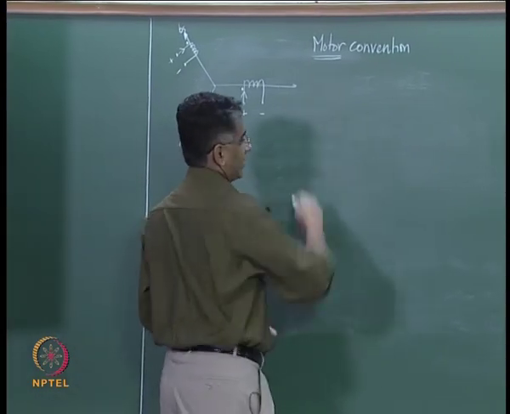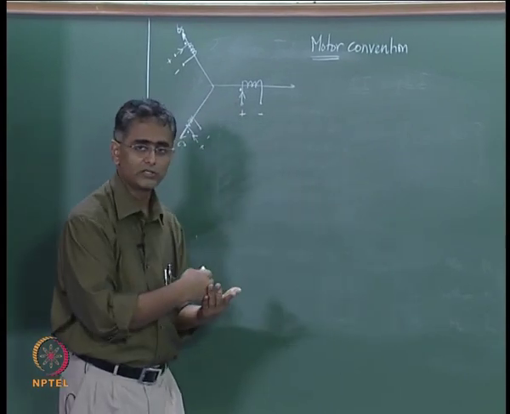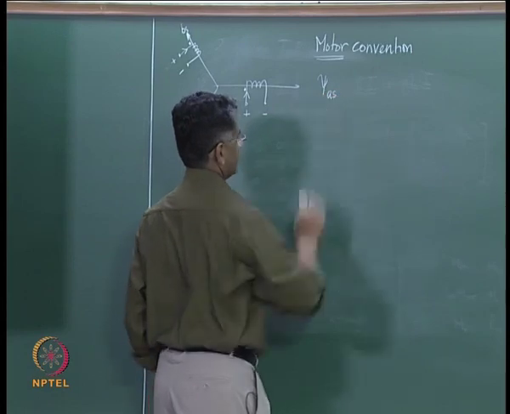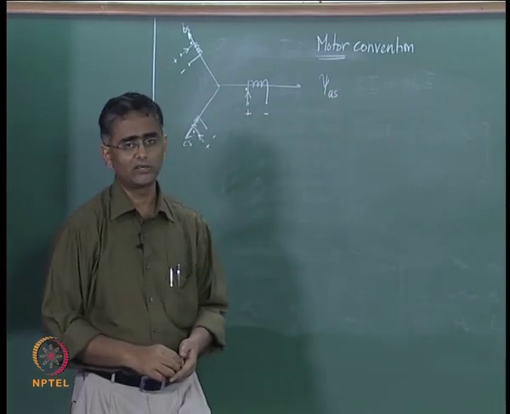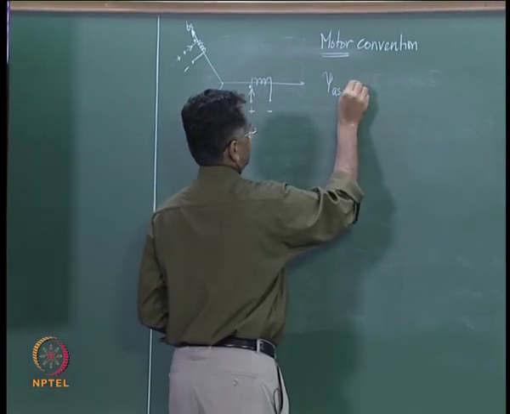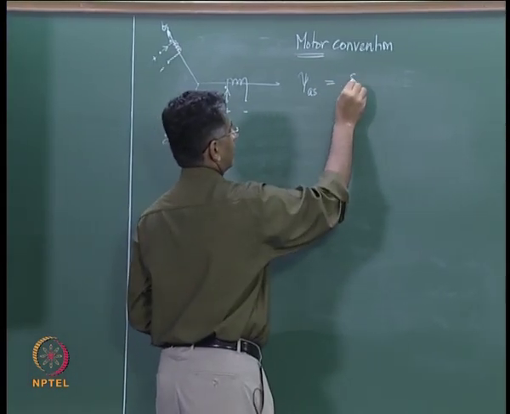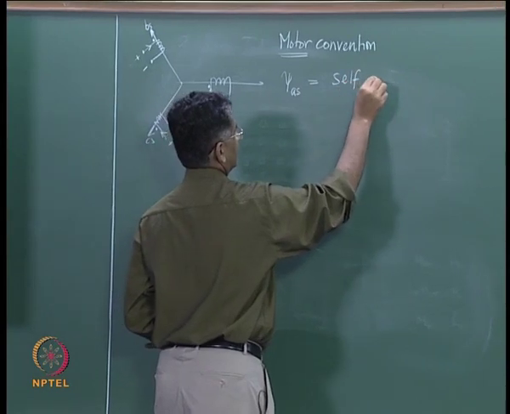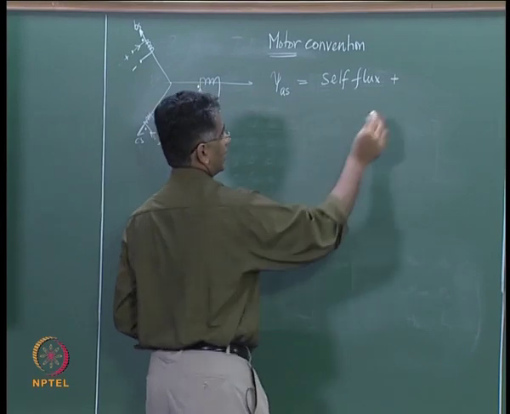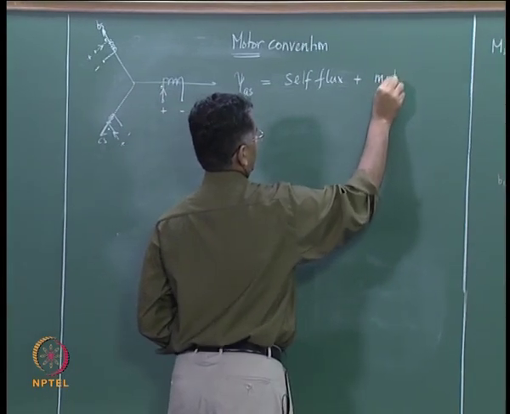So, the next thing, as we have done for the induction machine, is to write down expressions for the flux linkages. Let us start with psi AS. Psi AS is again going to have a self flux part and a mutual flux part.